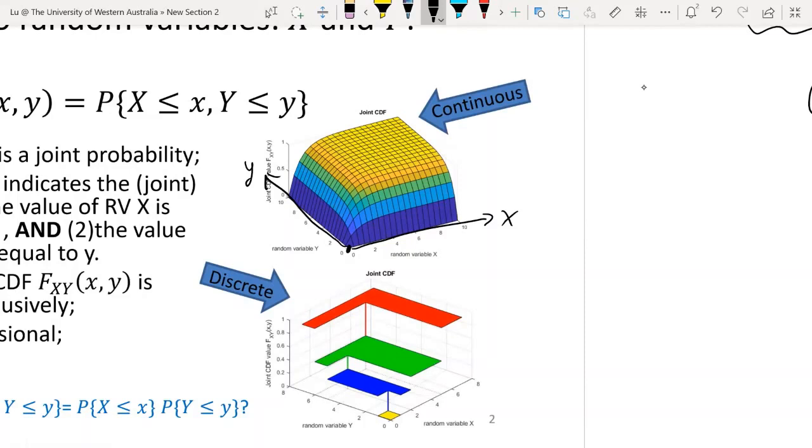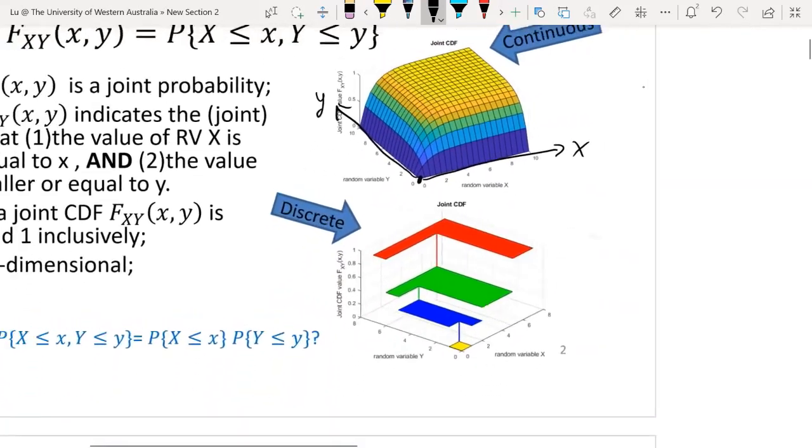This is true because the joint CDF function is accumulating the past probabilities of x and y, so it can just go up or stay the same, but never goes down. Okay, easy stuff.